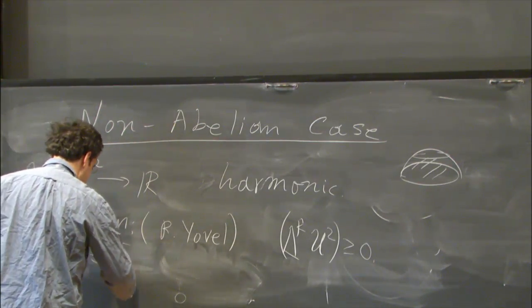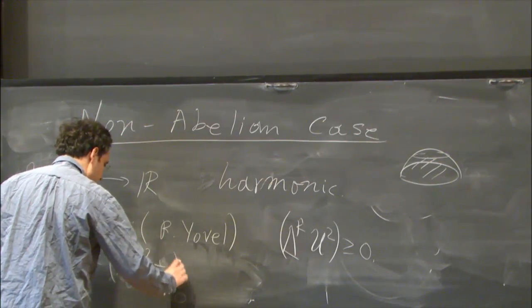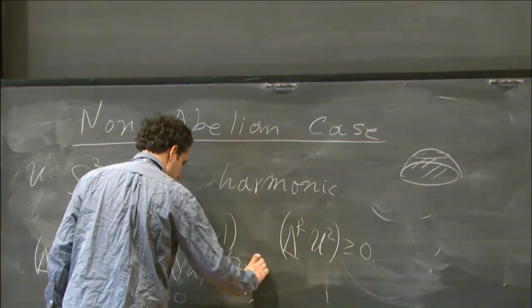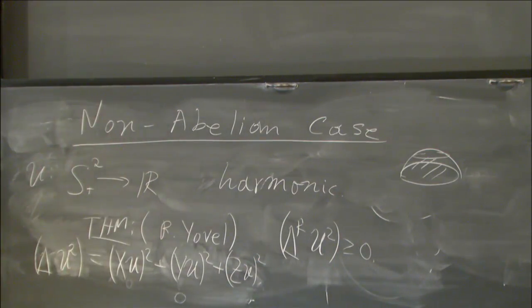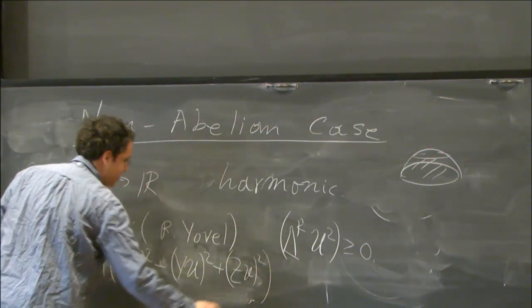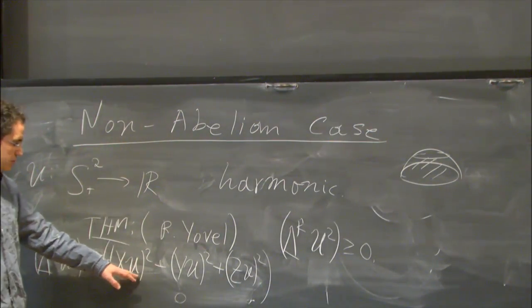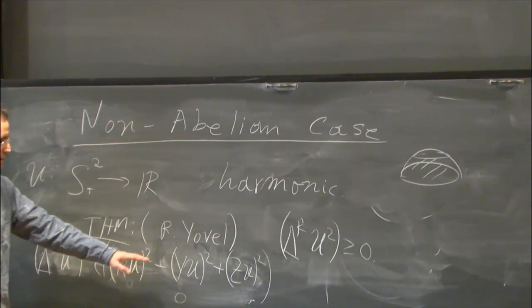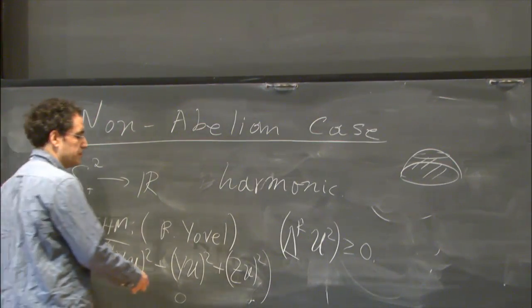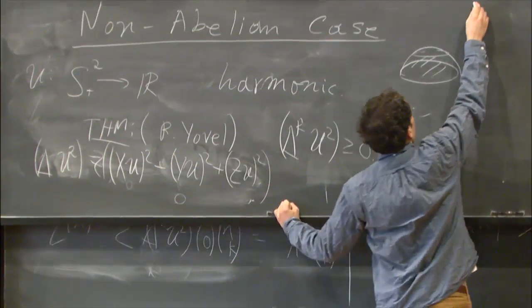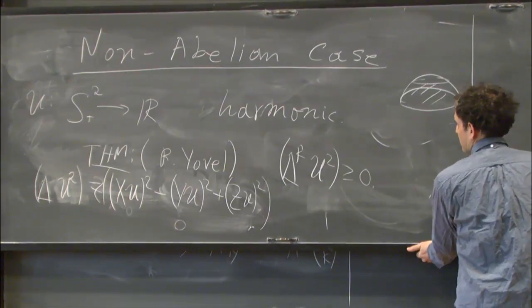This is just X u squared plus Y u squared plus Z u squared, where X, Y, and Z are the vector fields which generate the rotations around the axes. So this formula is still true up to this constant 2.